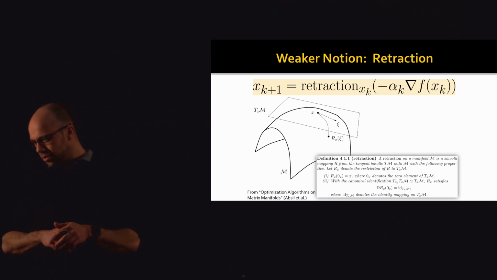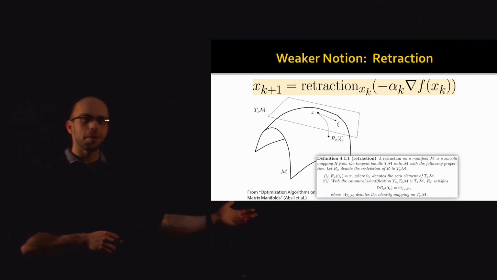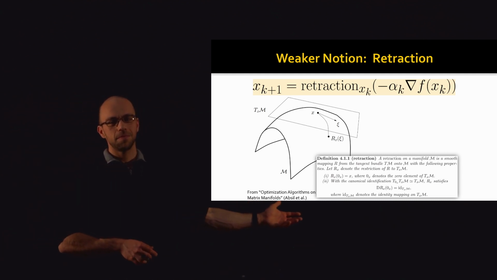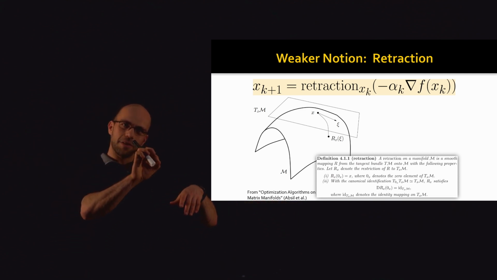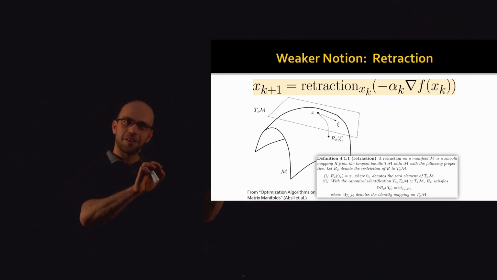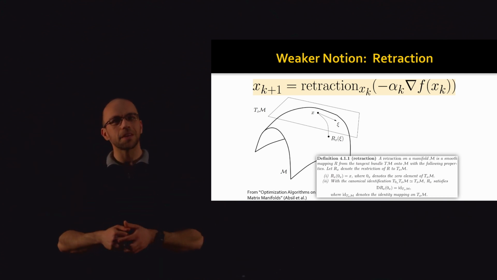And in this definition, you can see precisely what it satisfies. The first property says that the retraction, which is a map that is centered at a point like x_k here, takes in a tangent vector to the manifold, and then outputs another point.